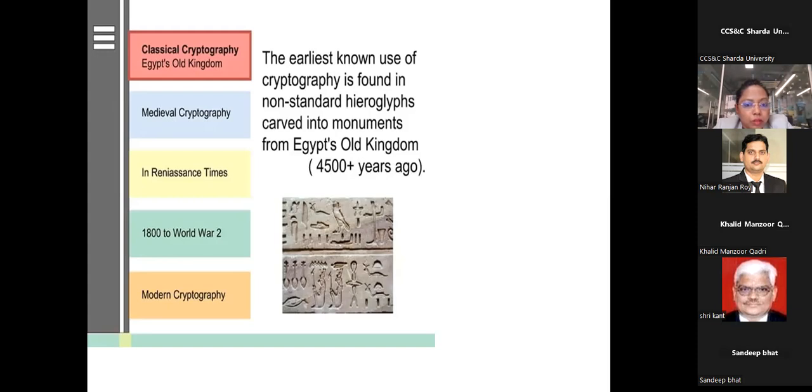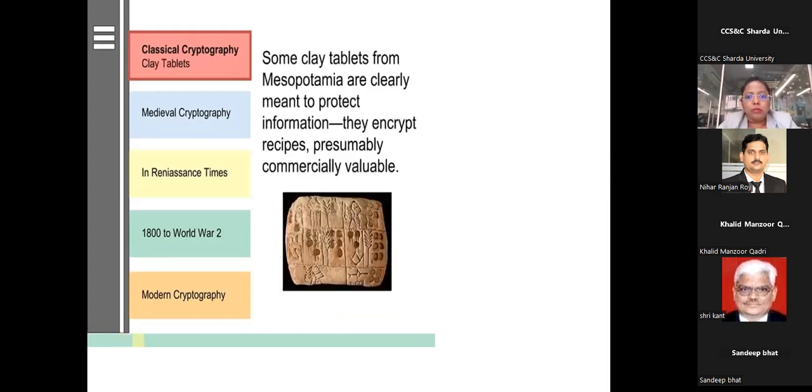So this was the first cryptographic application, which we call non-standard hieroglyphs. This was the first cryptography known in history, 4,500 years old.